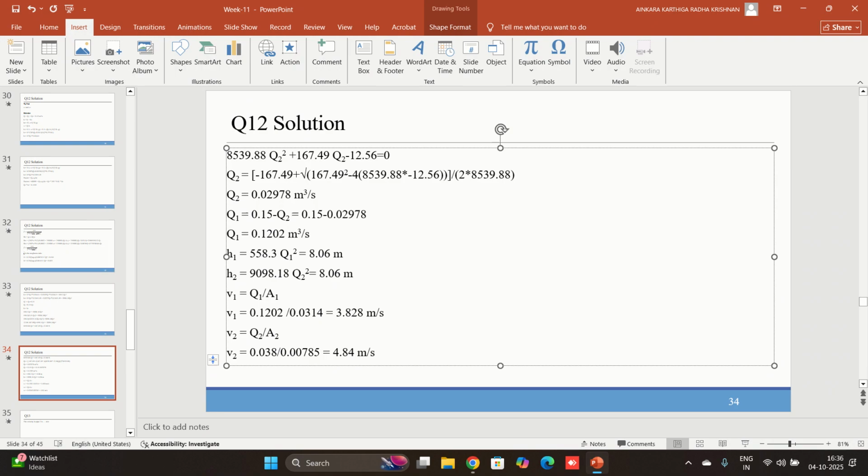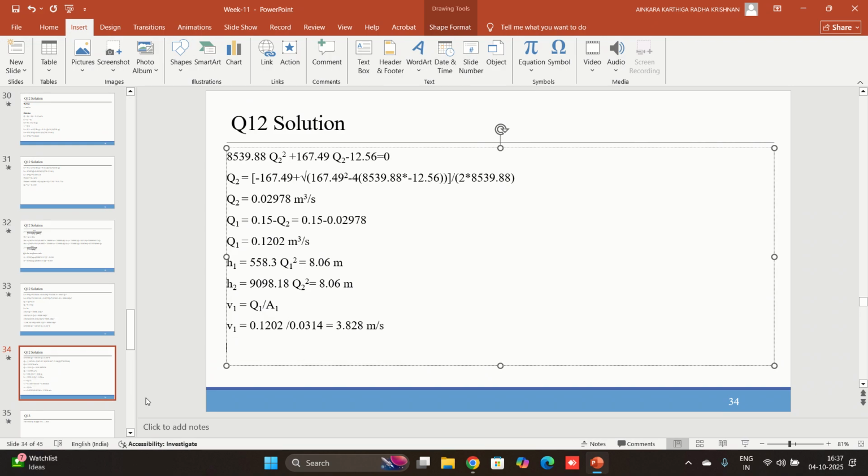And for Q2, 0.02978 divided by 0.00785 gives us 3.7936 meter per second.